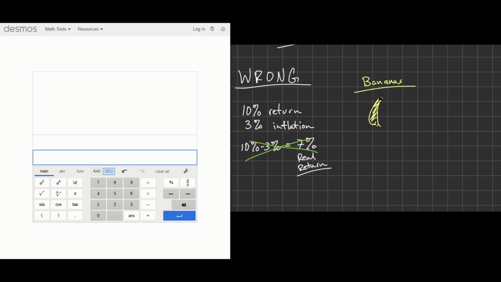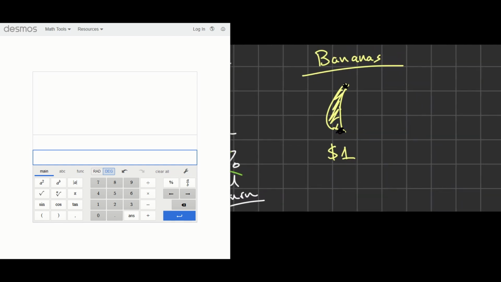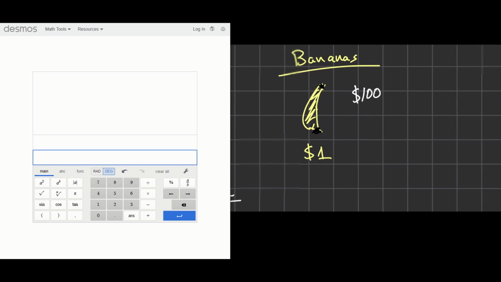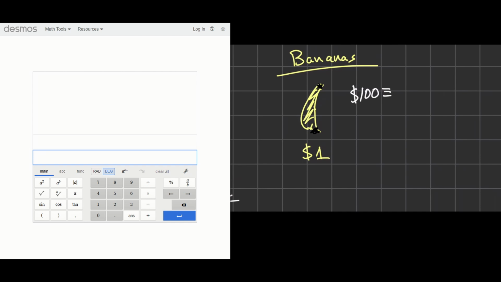All right, so let's say you go to the supermarket and a banana costs $1. We want to know what our purchasing power is in terms of bananas. Let's say that you have $100. Then your purchasing power is equivalent to 100 bananas.